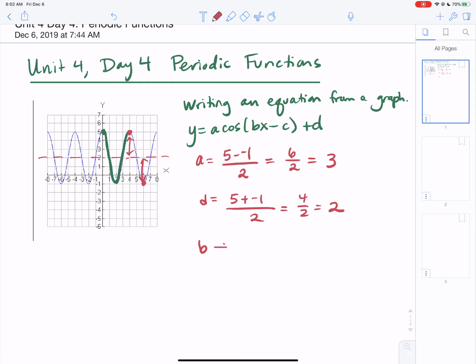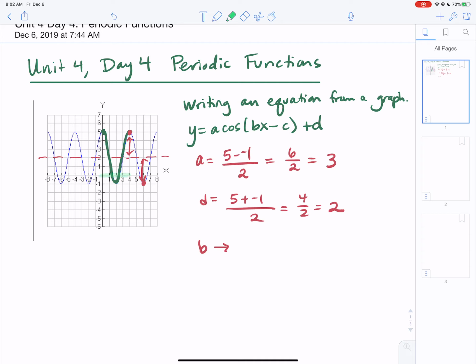So that's what I did in green. To get from the top of one wave to the top of the next wave, that was along the x-axis here. That was 4 units. So one period is 4 units, and I set that equal to the period formula of 2 pi divided by b.